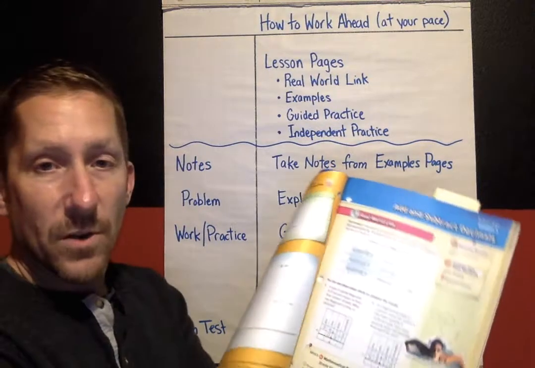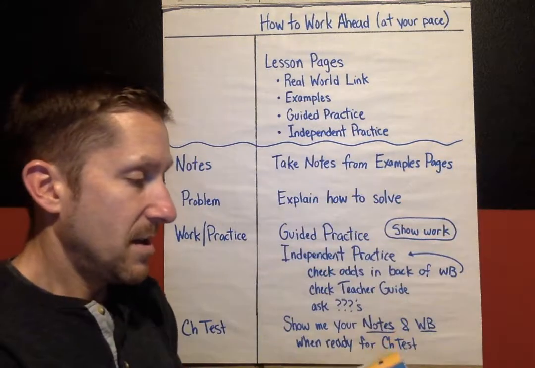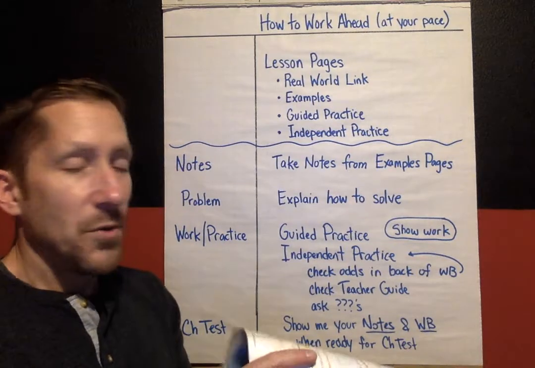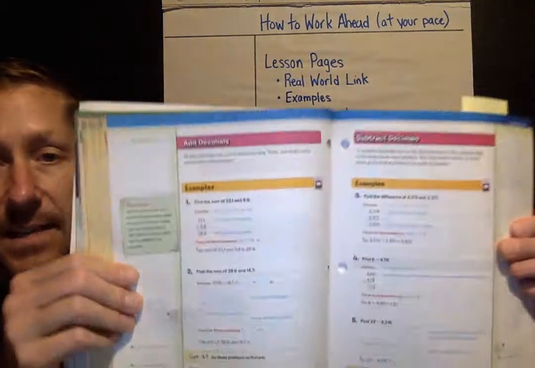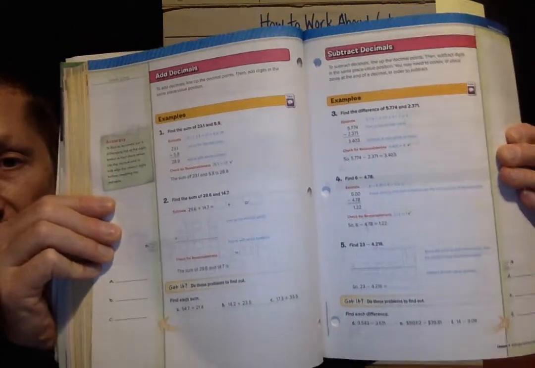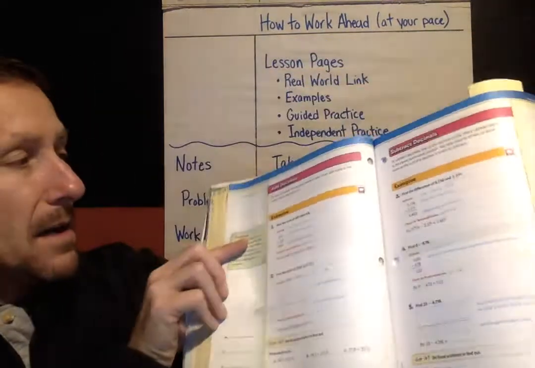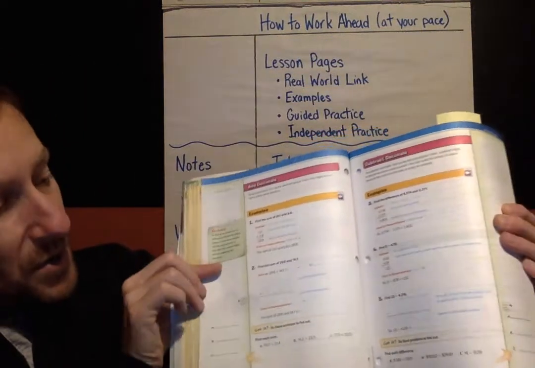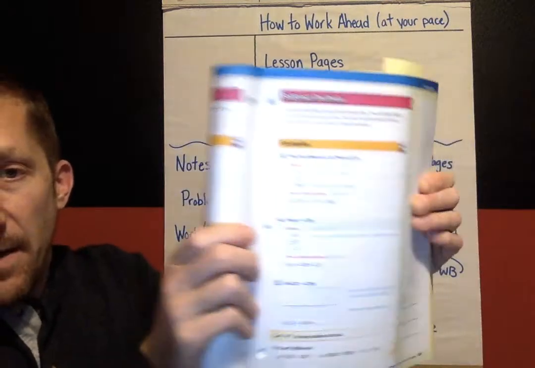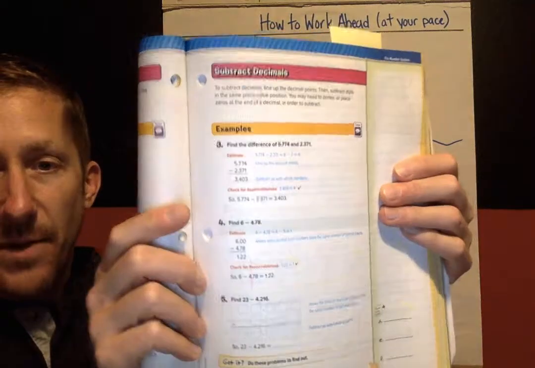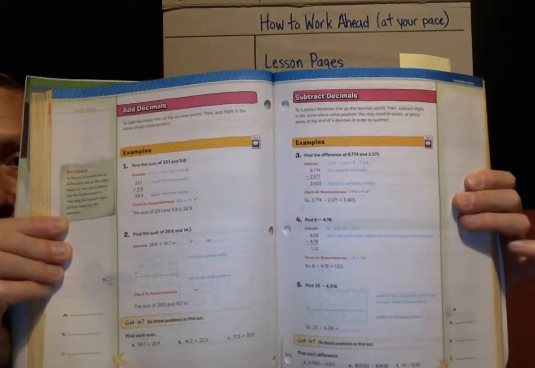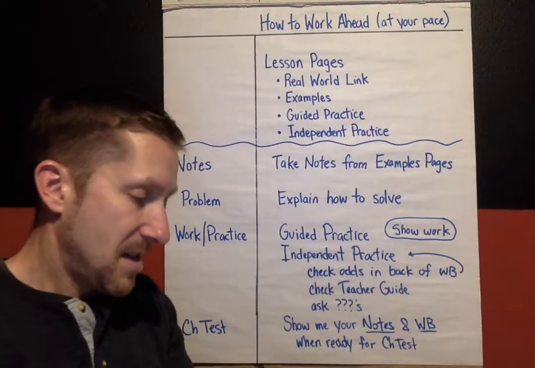After the real world link page come 2 pages of examples, and you can see how they're numbered. Examples 1, 2 on this side, and then more examples on the next page, examples 3, 4, and 5. Sometimes these examples go for more than 2 pages.